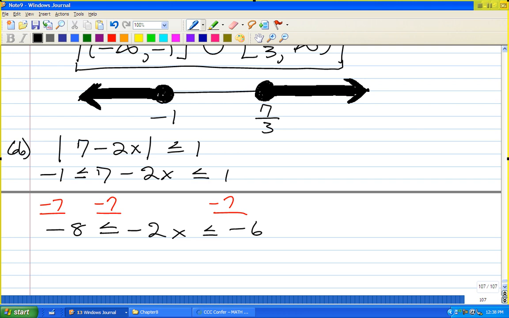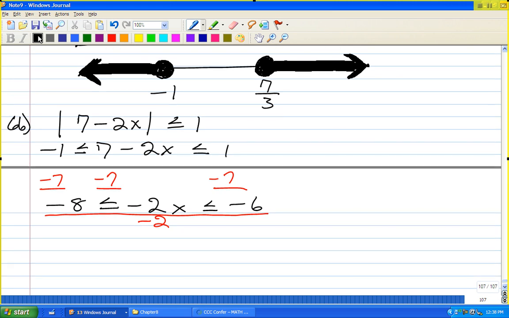I could divide all sides of my inequality by negative 2. But when I do that, I'm going to have to reverse the inequalities. Negative 6 divided by negative 2 is a positive 3. I'll bring the inequality over to this side. Negative 2x divided by negative 2 is x. I'll bring this inequality and write it over here. Negative 8 divided by negative 2 is a positive 4.